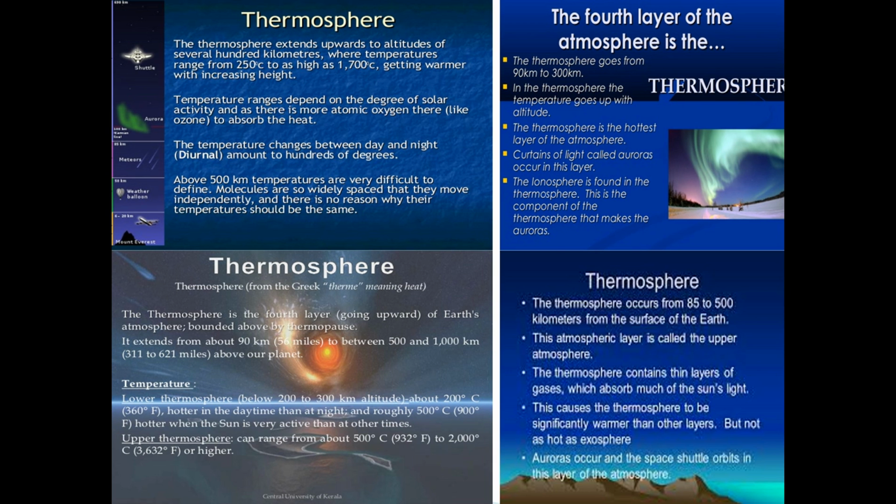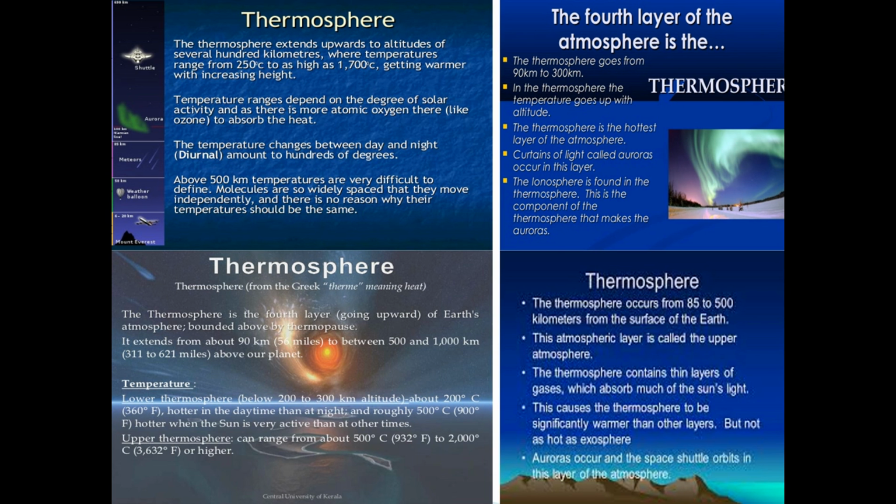The thermosphere is called thermosphere because of the high temperature in this layer. The thermosphere extends 500 kilometers from the sea level, and in this layer temperature also increases with height.